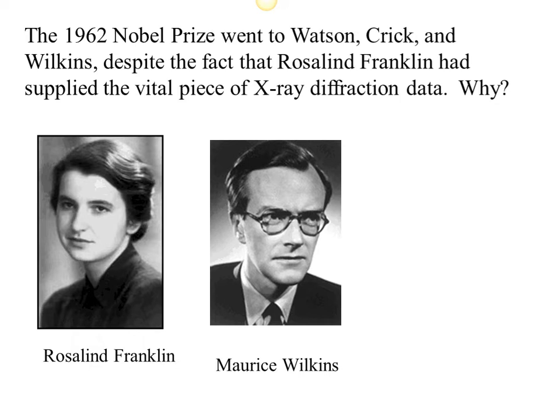So one thing students always think is that the Nobel Prize is the same thing as the Nobel Peace Prize, and that's not the same thing. The Nobel Peace Prize is given by the same group, but the full name of the Nobel Prize is the Nobel Prize in Medicine or Physiology, and then there's also a Nobel Prize in Chemistry. And so those are not the Peace Prize.